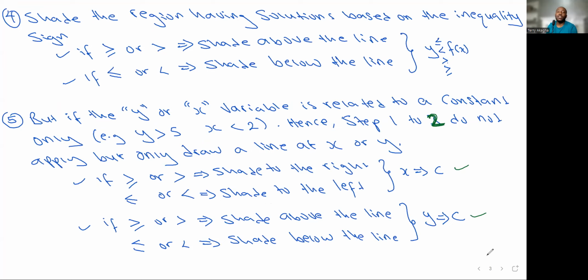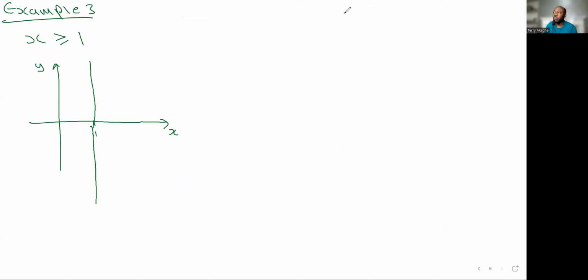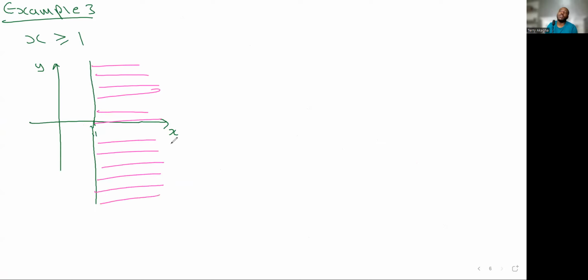If it's less than, you shade to the left. So when you go back to this, you will see that this is greater than, so we have to shade to the right. So that means the solution for this is going to be on this part of the inequality. All right, so that'll be that for that.